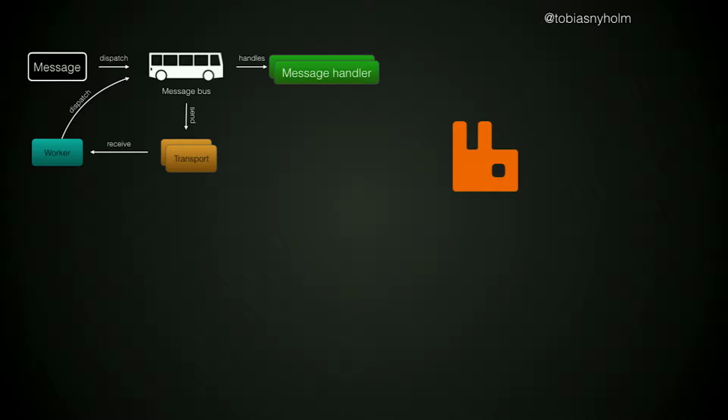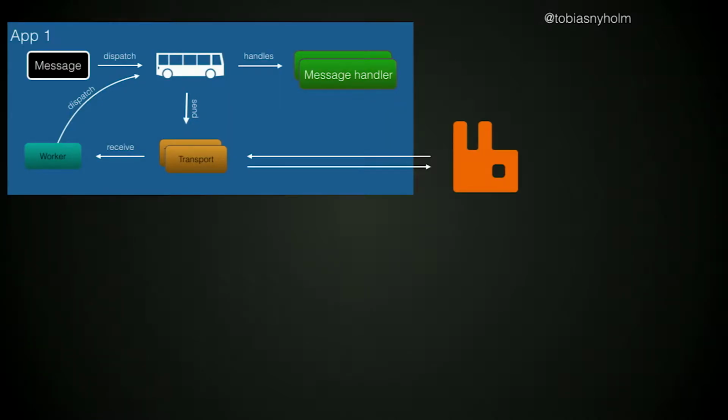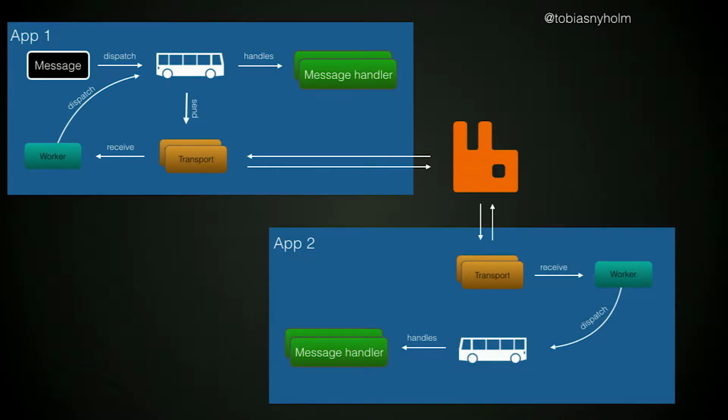What I do like here is that your messaging component lives in one app, talks to RabbitMQ or another transport, and you have another app that could be Symfony. It could be this very same code base, a different code base, a different machine, a different language, or a different team of developers developing it.